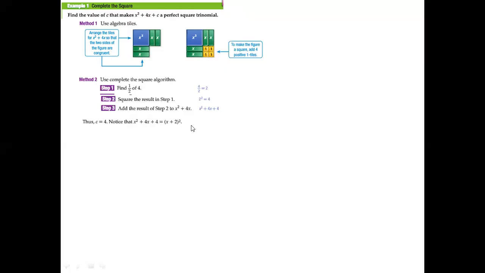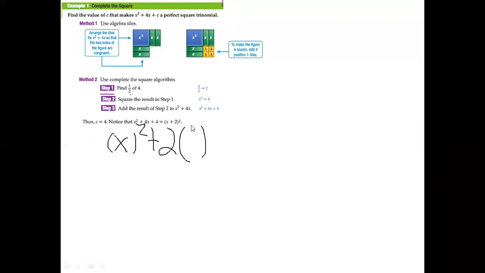Okay, remember with perfect square trinomials, you can write it as something squared plus 2 times the something plus the last thing squared. So the first thing squared is x squared. The last thing squared is 4, so I could write that as 2 squared.